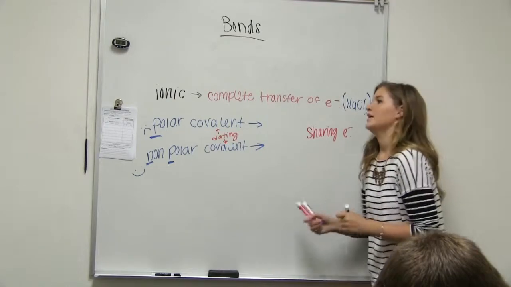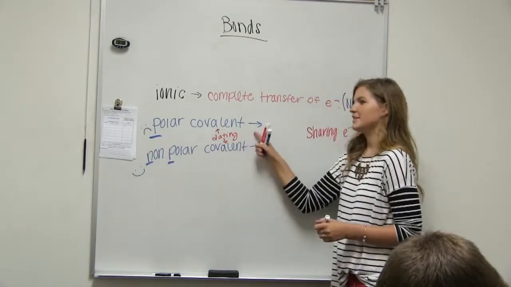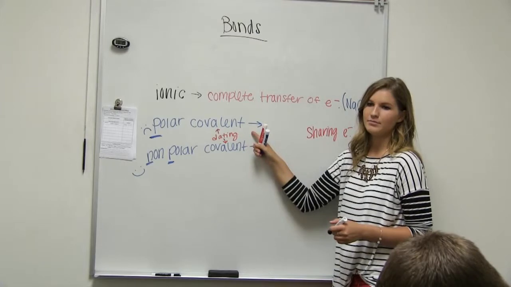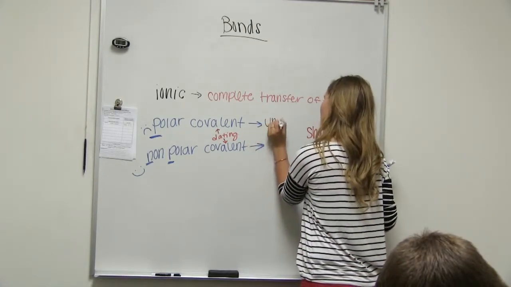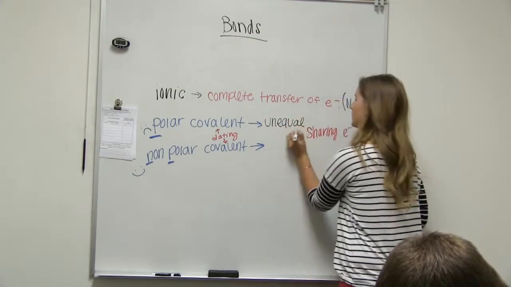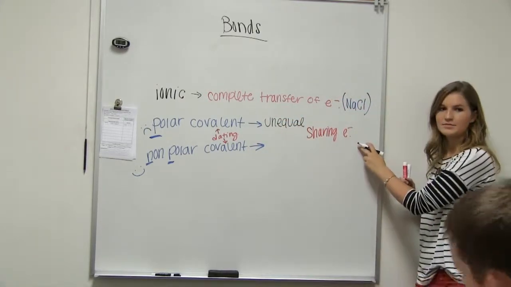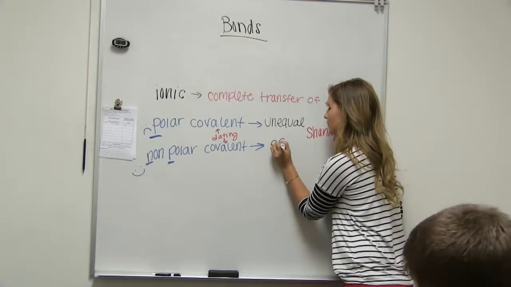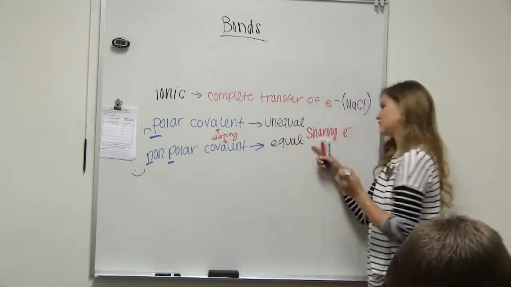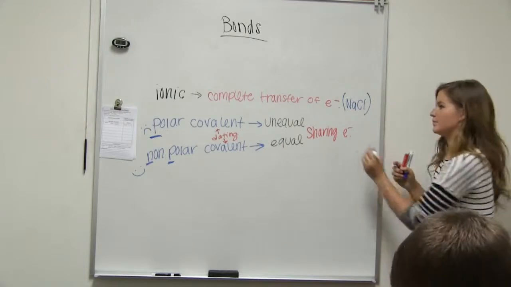So, if you're not happy, do you think this is going to be an equal sharing or unequal? Probably unequal, which is making it sad. So, unequal sharing of electrons. A nonpolar covalent bond is going to be an equal sharing of electrons.